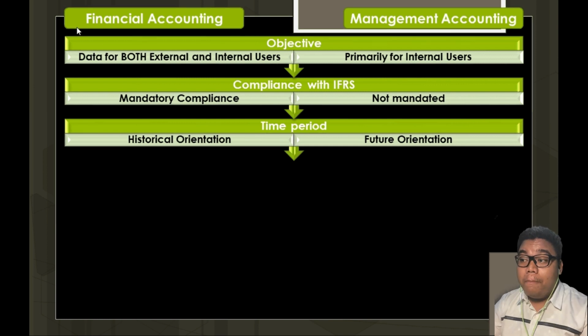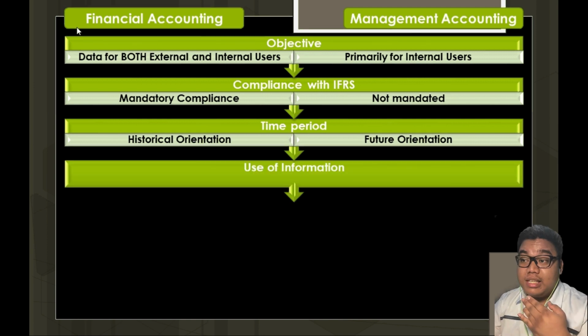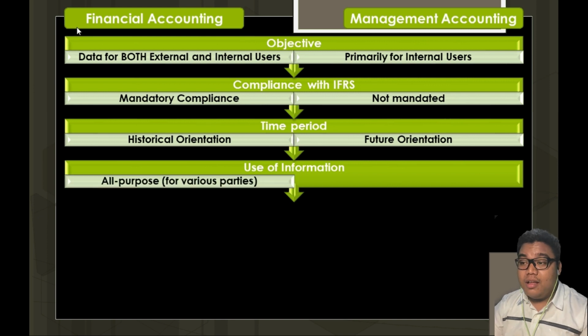Because it is more important for management accounting information to be provided in a timely manner, which is another item here in the difference between financial accounting and management accounting. For the use of information, financial accounting information is pro forma. It can be used by different parties for various purposes.